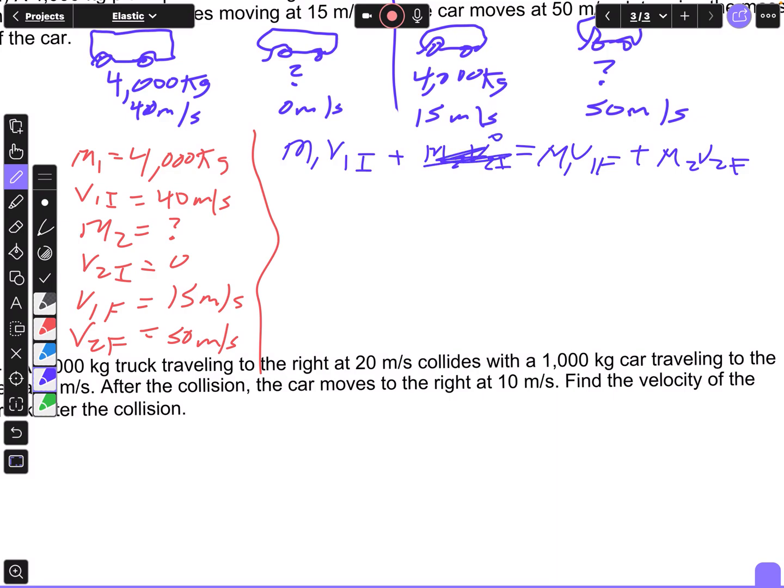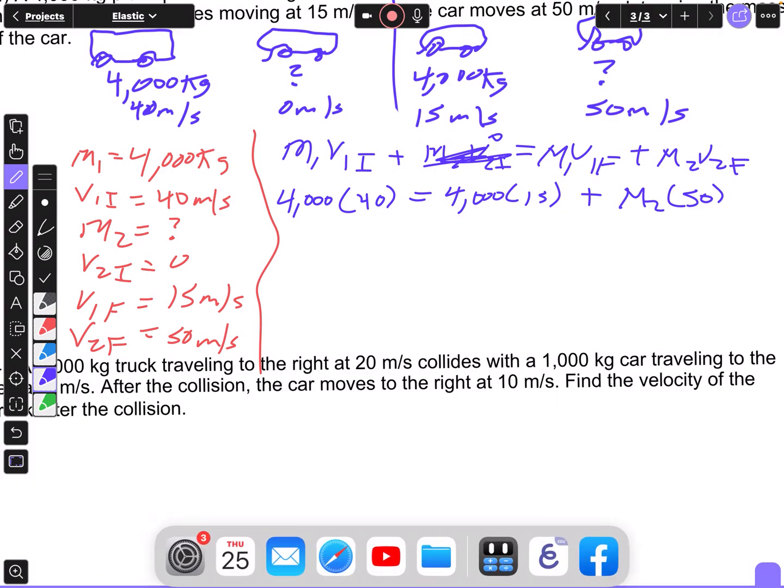I can do away with that. So M1 is 4,000 times V1I, which is 40, equals M1, which is again 4,000 times V1F. V1F is 15. Plus M2 is what I'm looking for. So I'm going to leave it as M2 and V2F was 50.